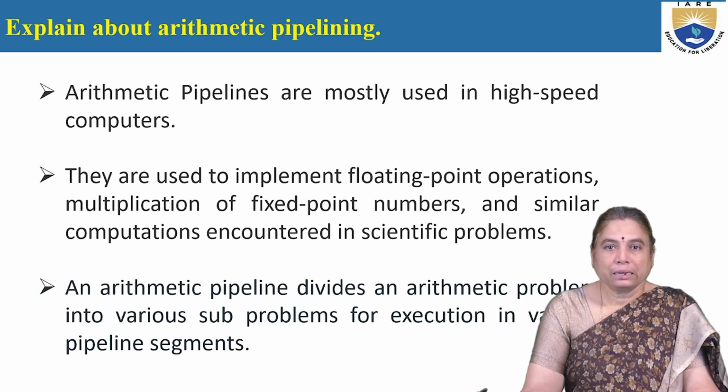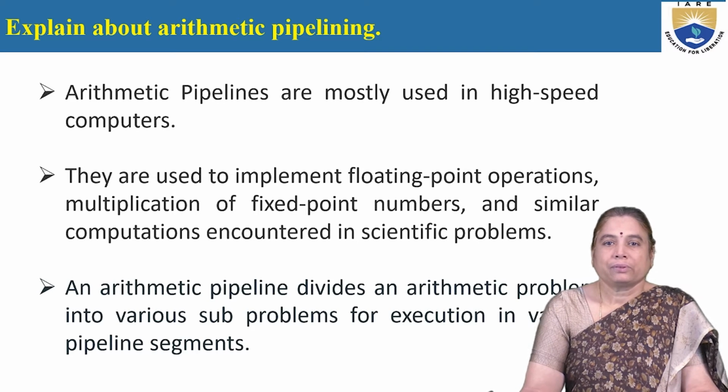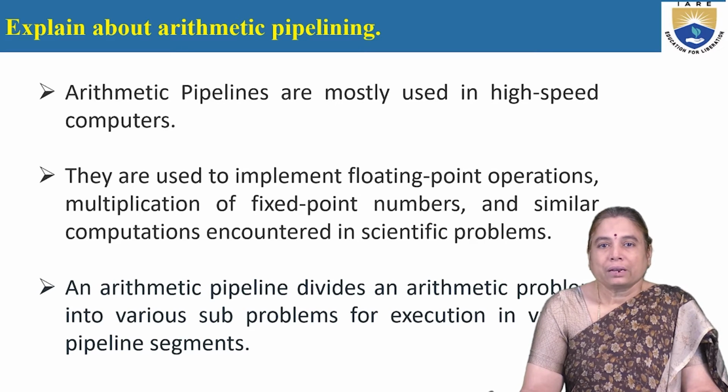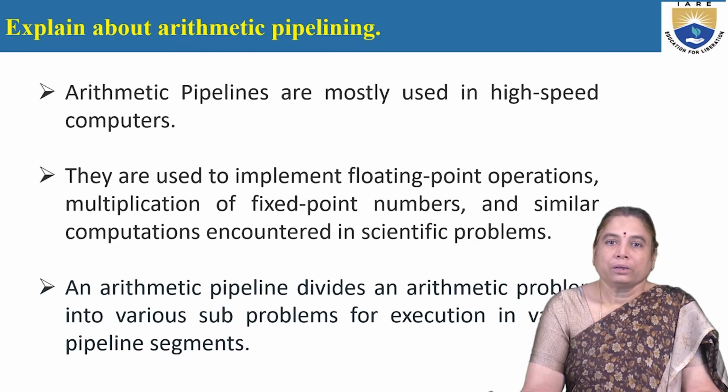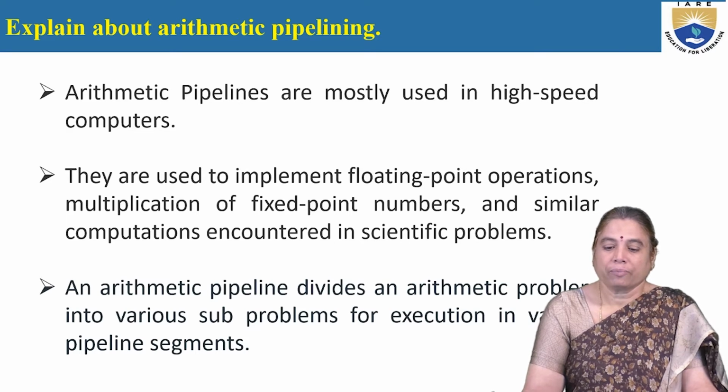The first question is, explain about arithmetic pipelining. The major characteristic of multiprocessor systems is that they have to support the concurrent execution of tasks. More than one processor can be employed in the computer, and these processors can execute tasks in parallel.